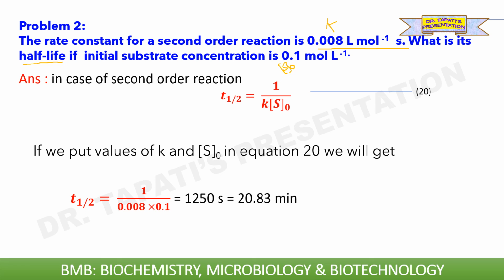So in that case, according to equation 20, T half is equal to 1 by K into S0. If we put K value and S0 value in this equation, we will get 1 by 0.008, that is the value for K, and 0.1, that is the value for S0, that will be 1250 seconds or 20.83 minutes. So half-life of this reaction is 20.83 minutes.